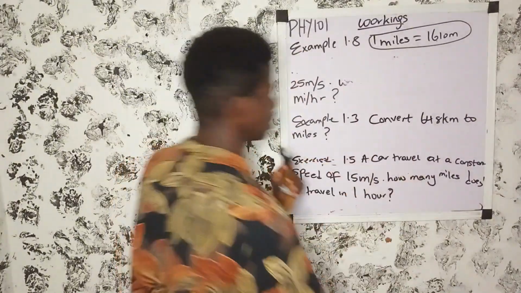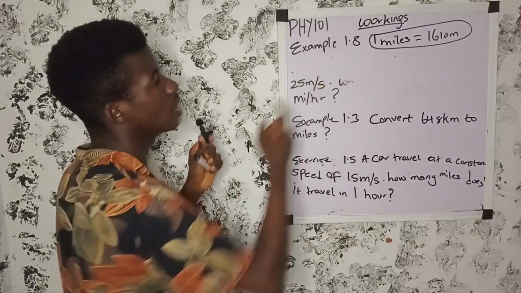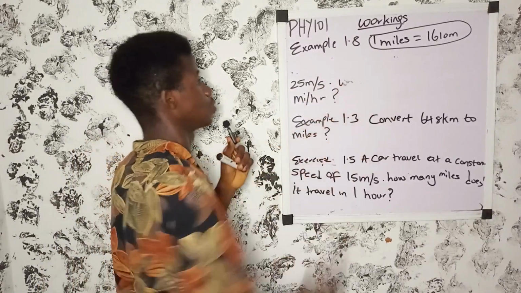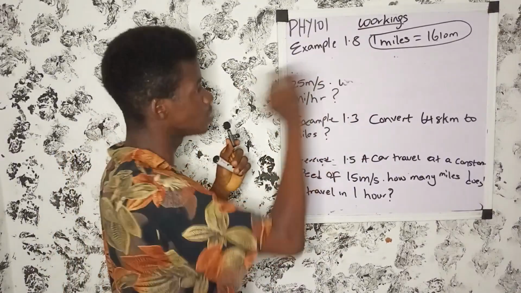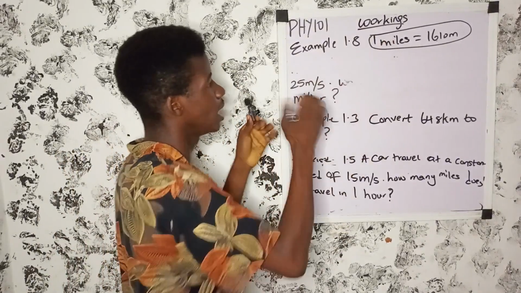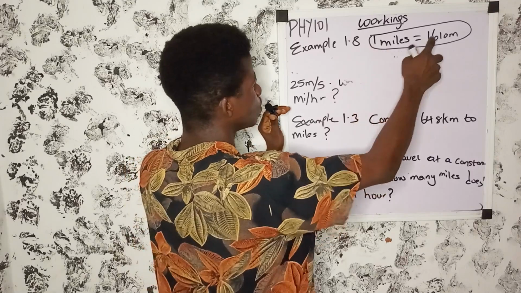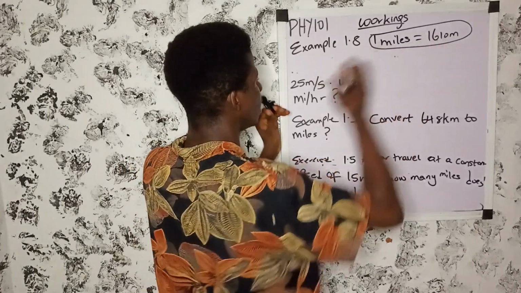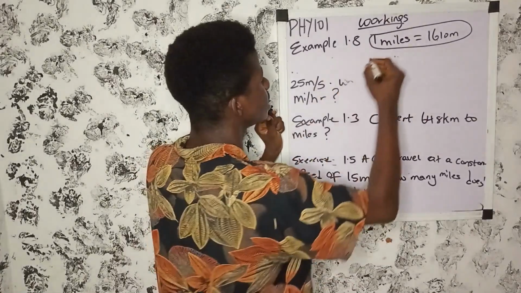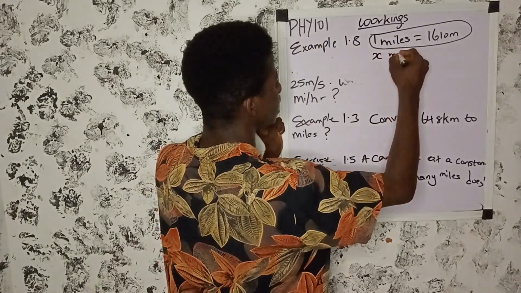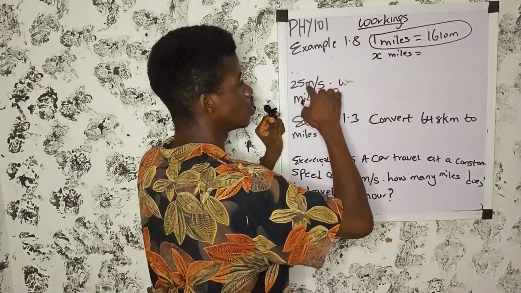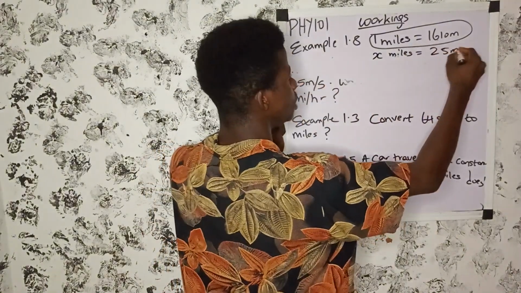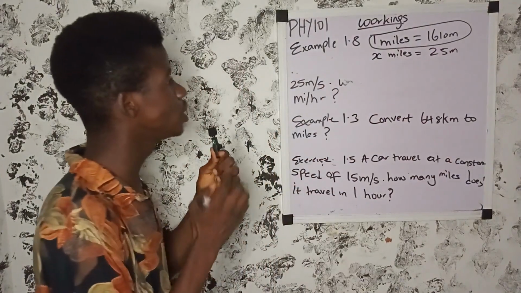Let's start now. We all know that 1 mile is equal to 1,610 meters. Now, if 1 mile is equal to 1,610 meters, then x miles will be equal to 25 meters.